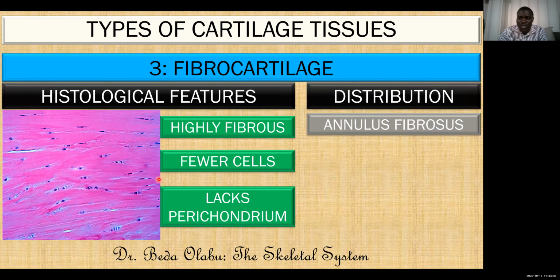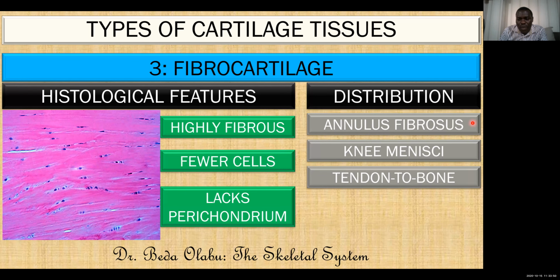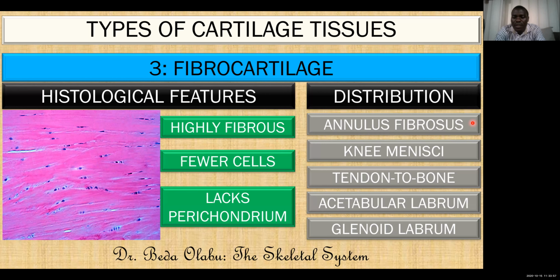In terms of distribution, it is found in the intervertebral discs, specifically the annulus fibrosus, the menisci of the knee, where tendons attach to bone, the margin of the acetabulum, as well as the margin of the glenoid cavity. The glenoid cavity is the socket of the shoulder. These are the regions where we find fibrocartilage. We had talked about this.